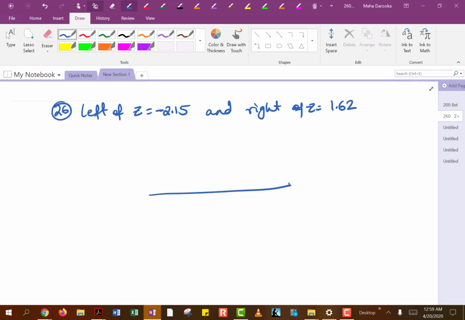So again, we want to draw our normal curve first. Not a great curve, but you get the idea. So again, 0 is where our mean would be. And then to the left, we are looking at negative 2.15, and to the right, we are looking at 1.62.